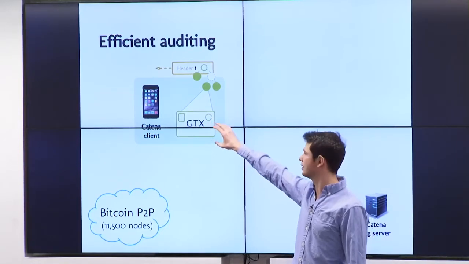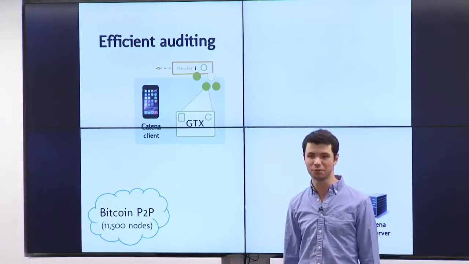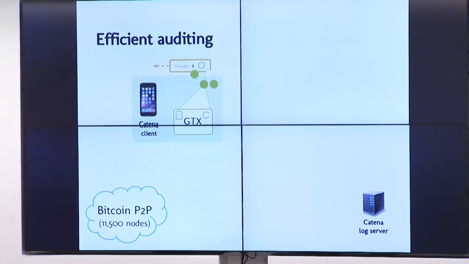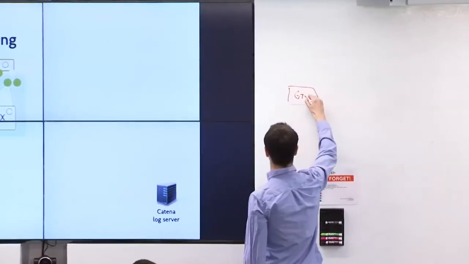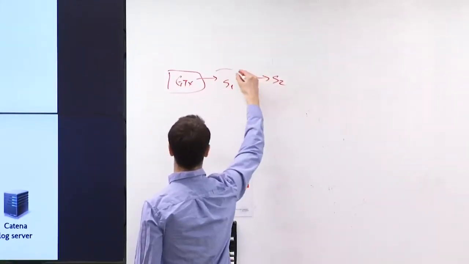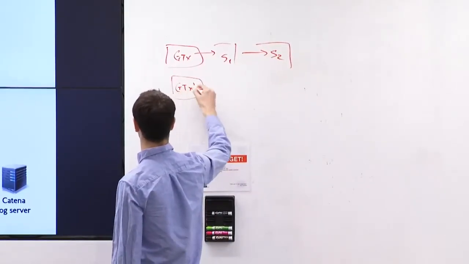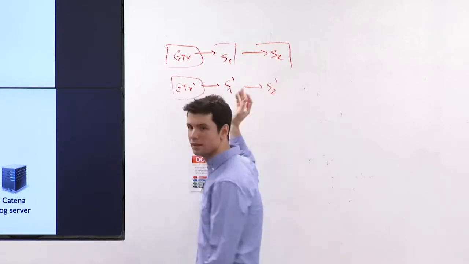Does everybody sort of understand that if you get the wrong Genesis transaction, you're completely screwed, right? Because it's very easy to equivocate if you have the wrong Genesis transaction, right? I mean, there's the right GTX here, where you have, let's say, S1, and then you have S2 in their own transactions, right? But if there's another GTX prime here, and you're using that one, you're going to get S1 prime, S2 prime, a different statement.